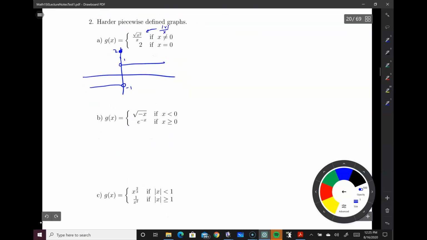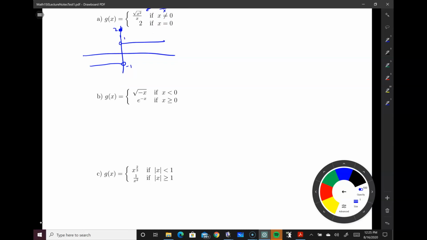So that's the graph. All right, so this has root of -x, so that's a flip over the y-axis, so that's back here, less than 0, so open hole here, and e to the -x, you know what that graph looks like. So from here at the point 1, coming down.